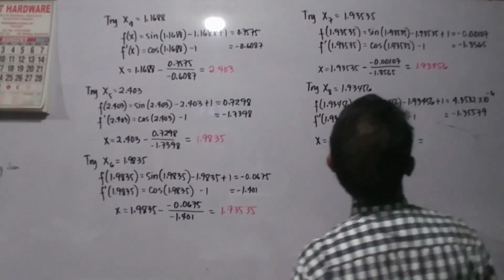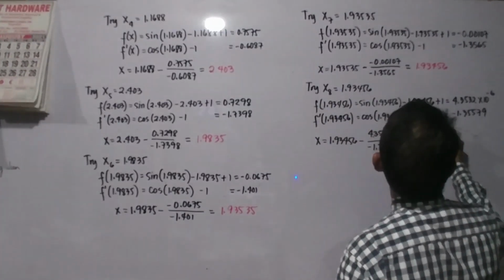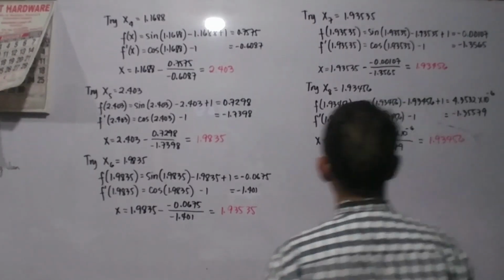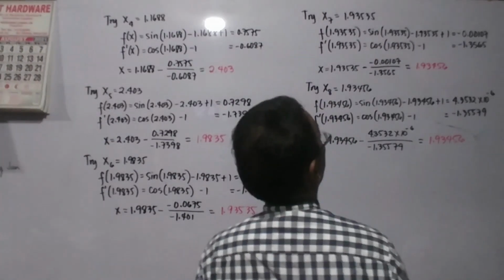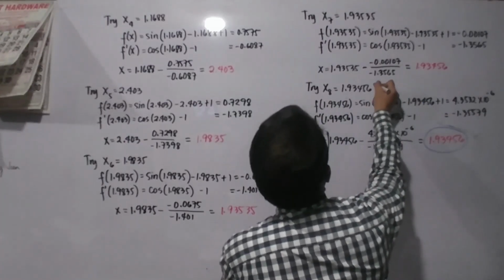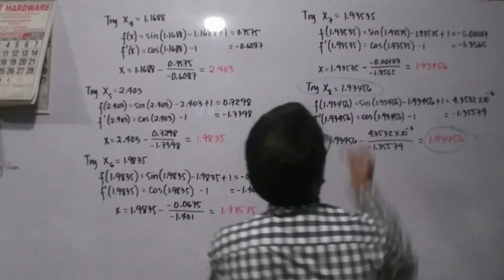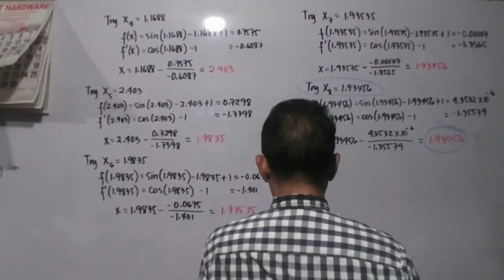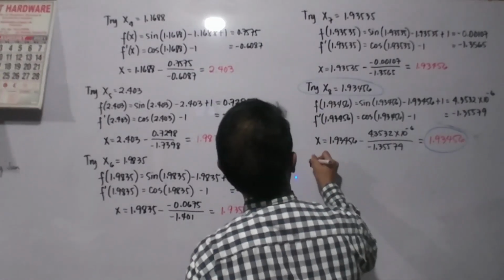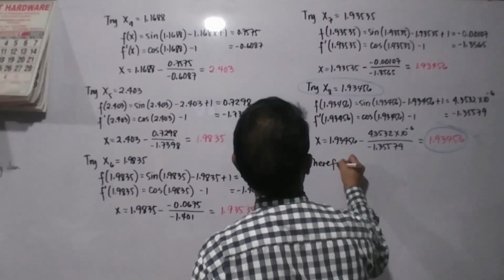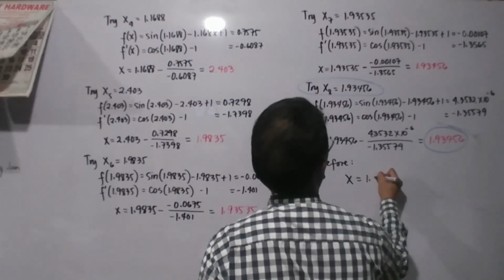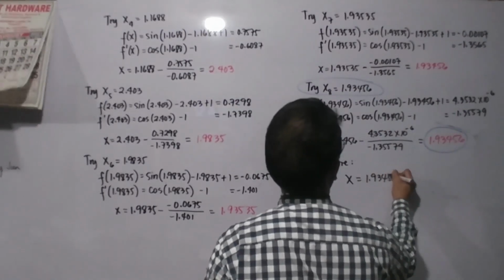And the answer is 1.93456. As you notice now, guys, they are equal. Therefore, the final answer is x equals 1.9346.